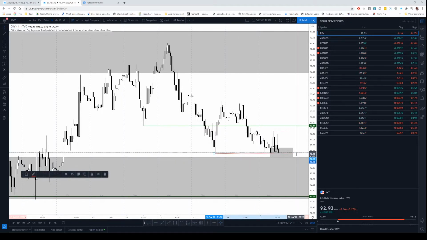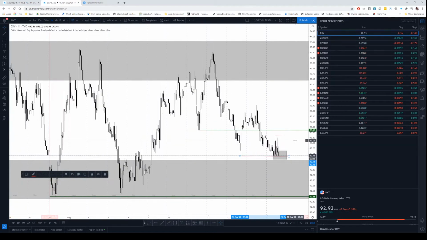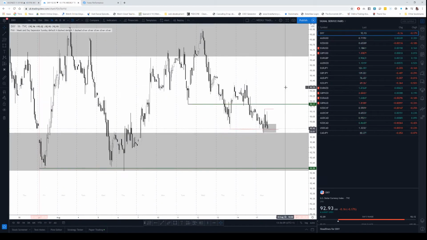So what I want to see now is, will they stay above last week's low? Now that we've run it and then rejected, will they stay above or will they come back down? If they come back down, then we have to look at foreign currencies and see if we find anything that we can go long on.